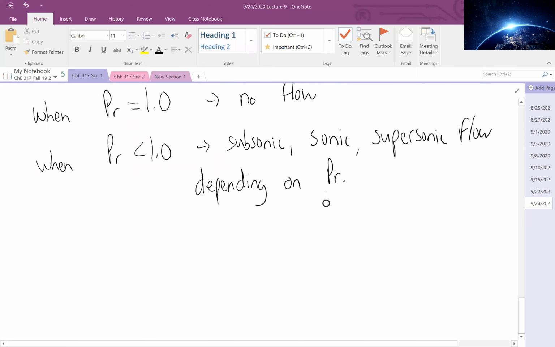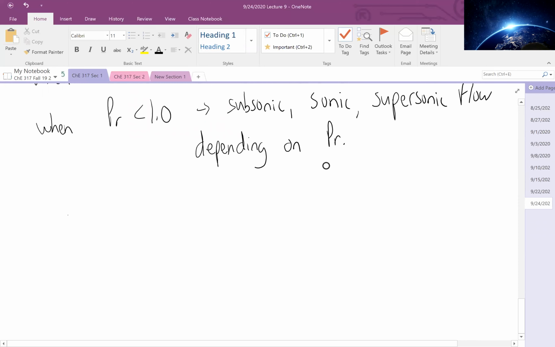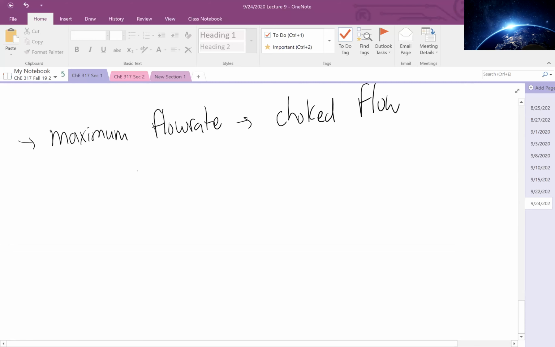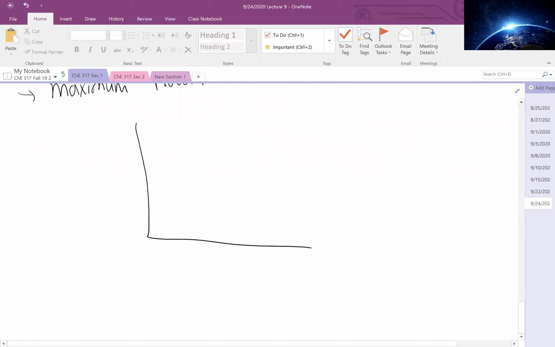And in this, we also considered that there exists a maximum flow rate, where we would consider this to be choked flow, where if we could graph the pressure ratio as a function of the mass flow rate, where pressure ratio of 1 constitutes no flow, and anything less than 1, we see a flow rate.